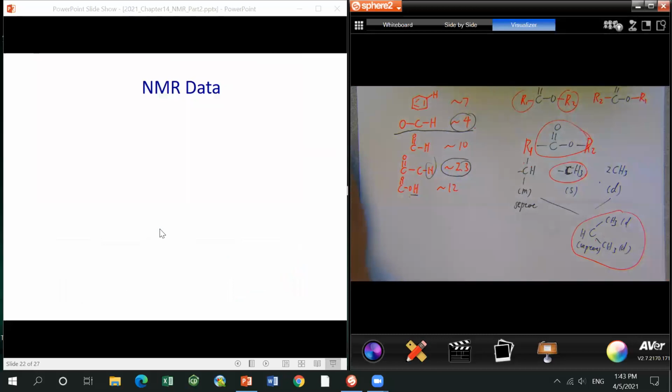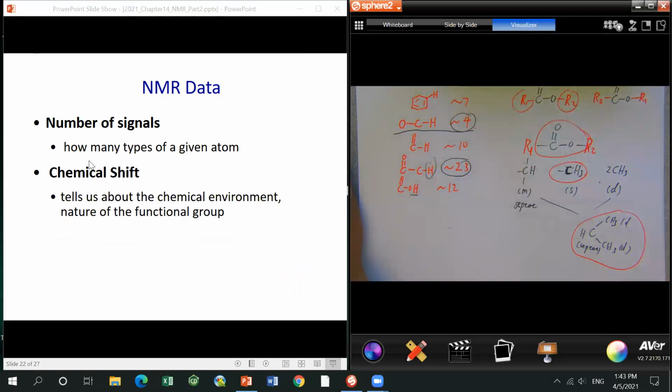Here is a short summary for this chapter of what information you can get from NMR. Both carbon NMR and proton NMR provide a number of signals, the different carbon signals and different proton signals.